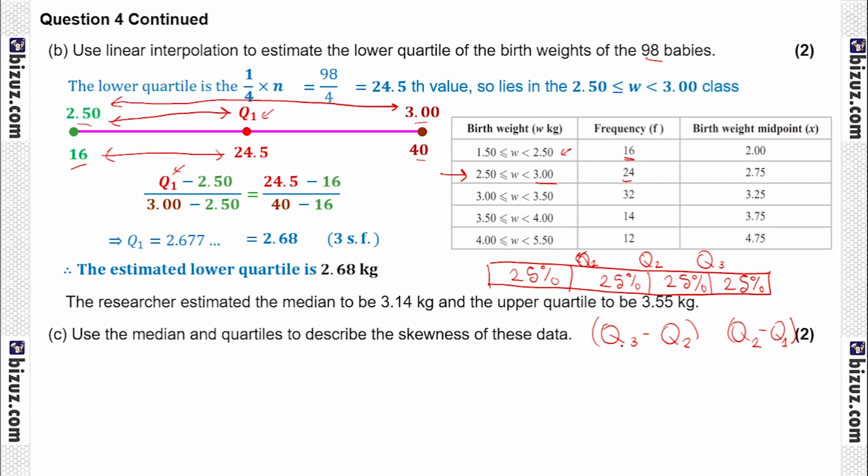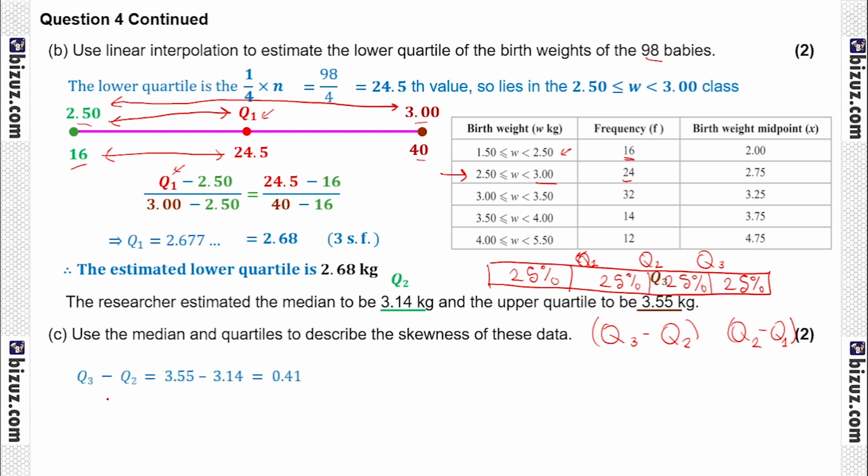The rule is that if the former is greater than the latter, then we have a positive skew. If it's equal, it's symmetry, no skew. And if it's less than the latter, then we have a negative skew.